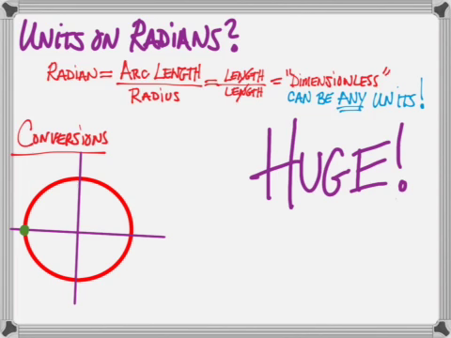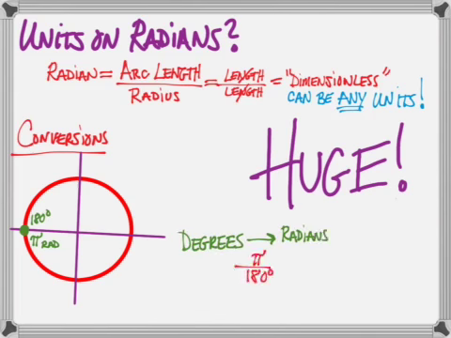If I had a unit circle, and this is 1, what does that measure in terms of an arc length? Pi. So 180 degrees is pi radians. So what this allows us is a conversion factor. Okay?